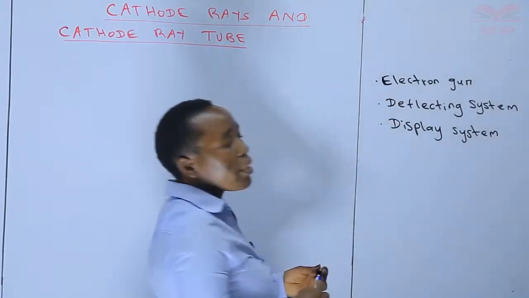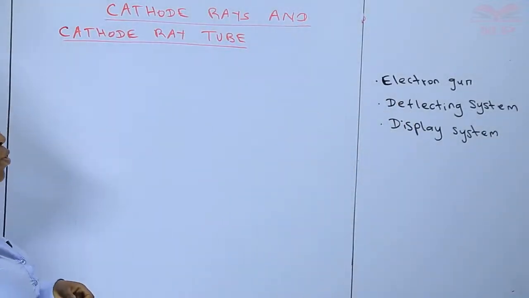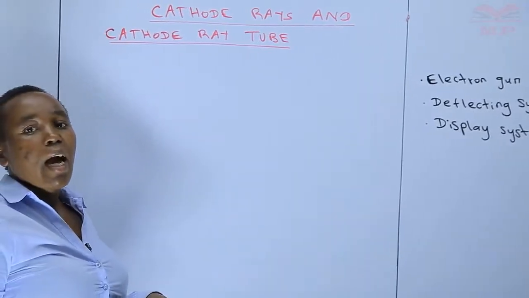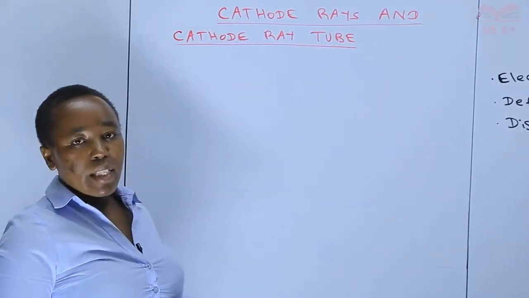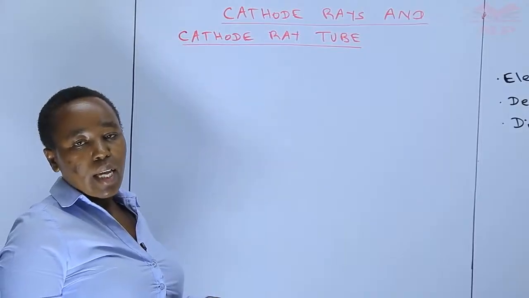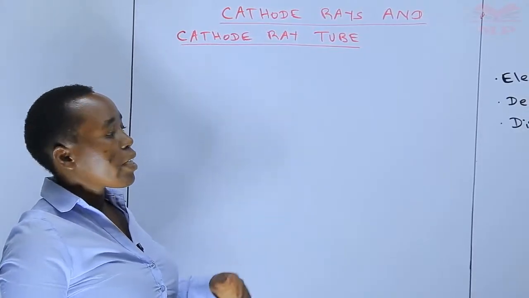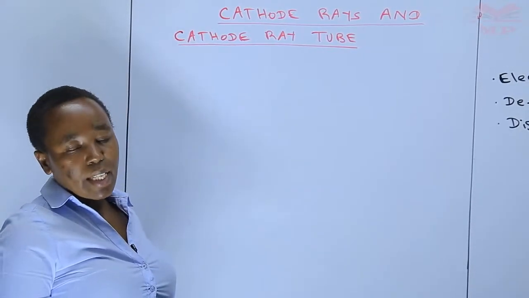In the electron gun, we have the heated cathode, the grid, and the anodes. In the deflecting system, we have the X plates and the Y plates. And in the display system, we have the screen.